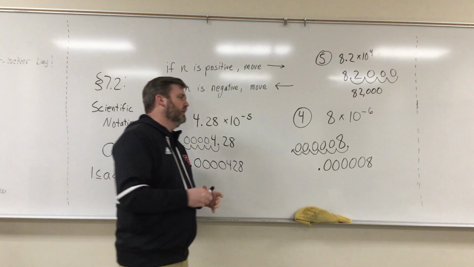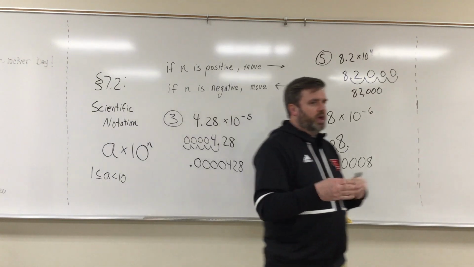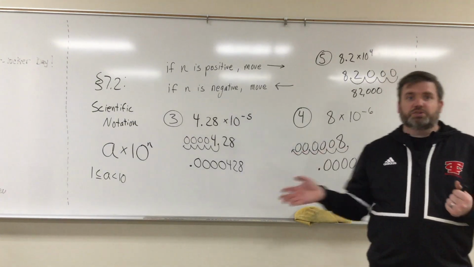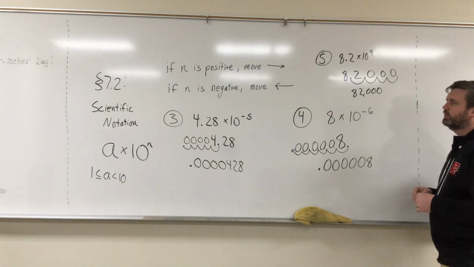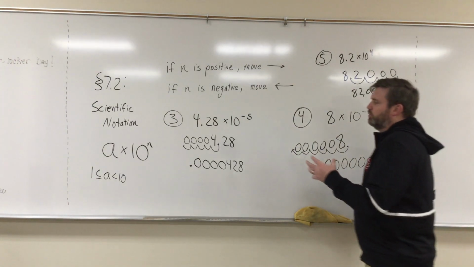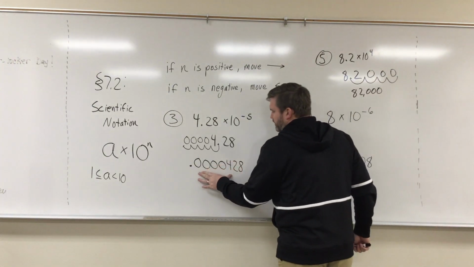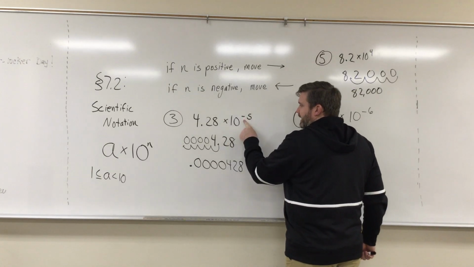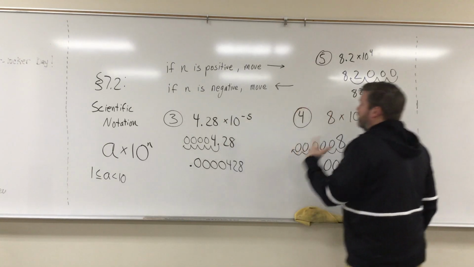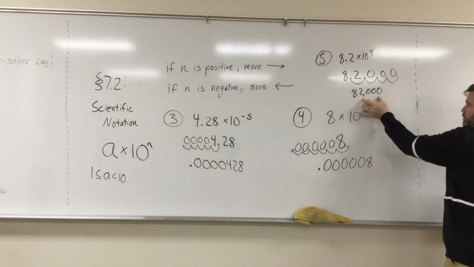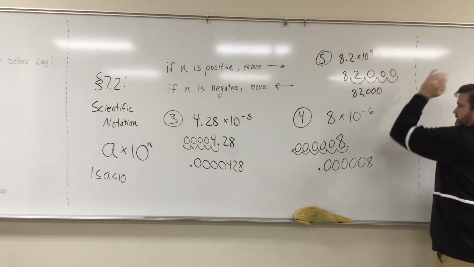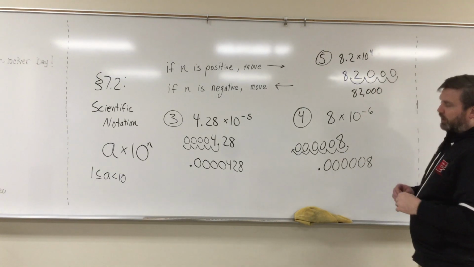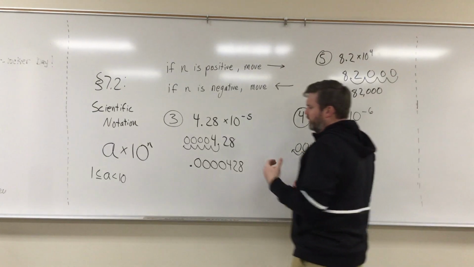I bring that up because when we go the other direction, start in standard, go to scientific notation, if your original number is smaller than 1, you're going to end up with a negative exponent. If your original number is bigger than 1, you're going to end up with a positive exponent. Okay?